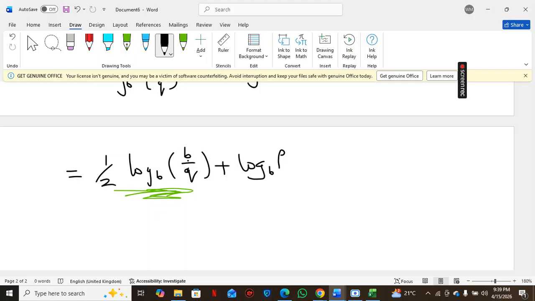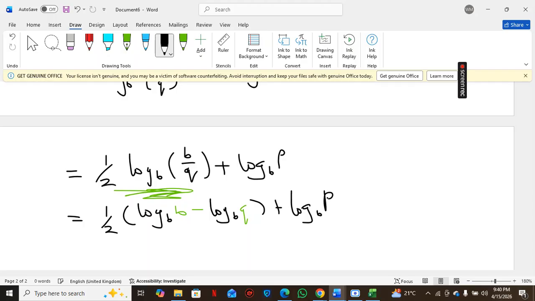This is b over q, so it becomes half, open brackets, log base b of b, minus log base b of q, plus log base b of p.